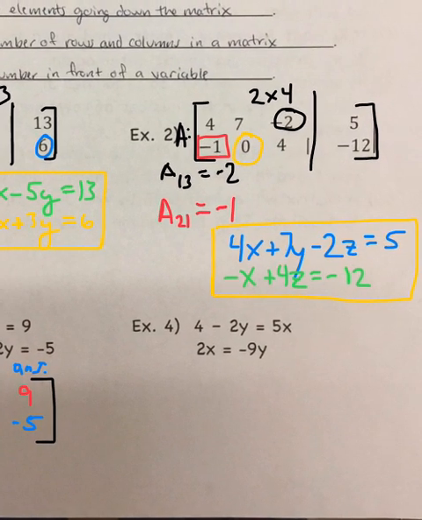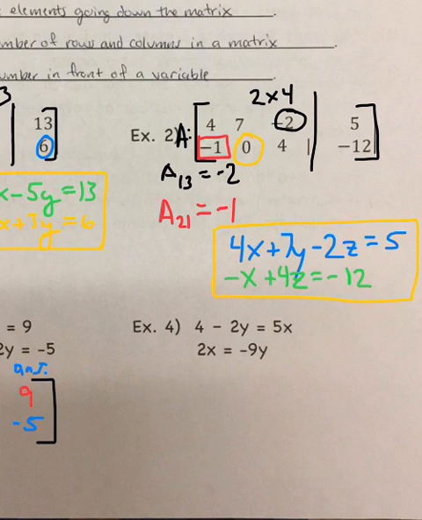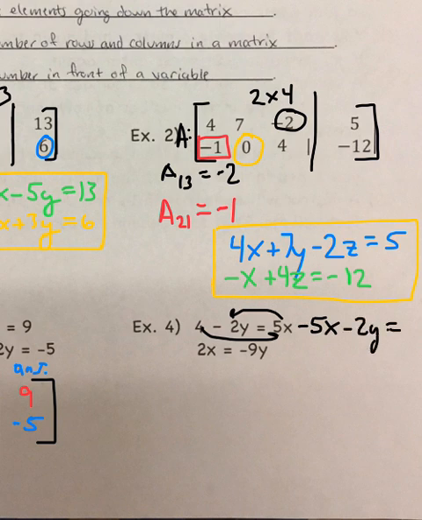On number 4, you can see we need to do some work to get these in the right form. I need to take the x over here and the number over here. So I'm going to rewrite this as negative 5x minus 2y equals negative 4. If I took out a negative 1, it doesn't change anything.